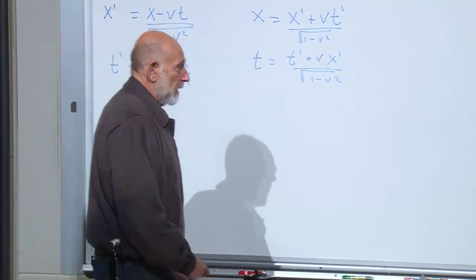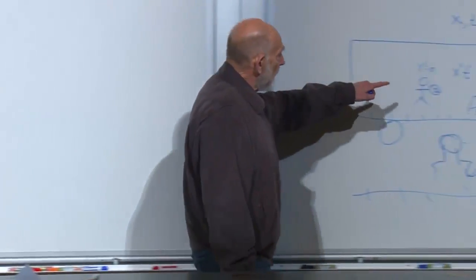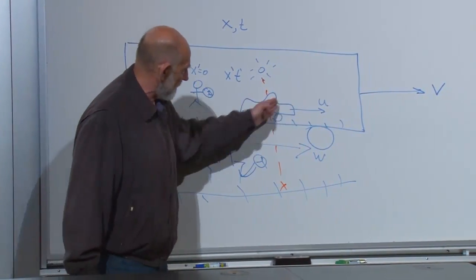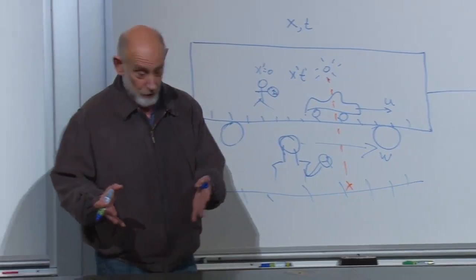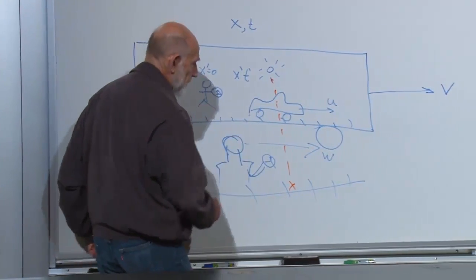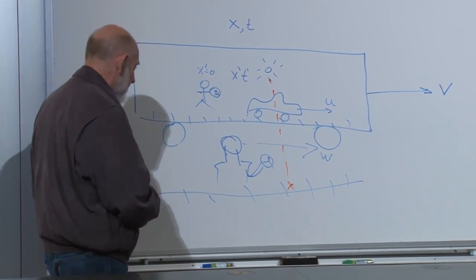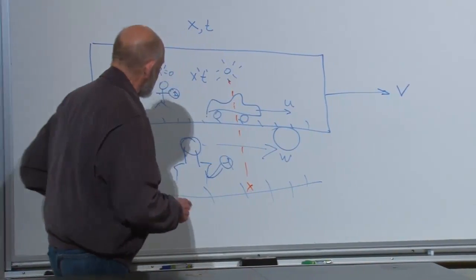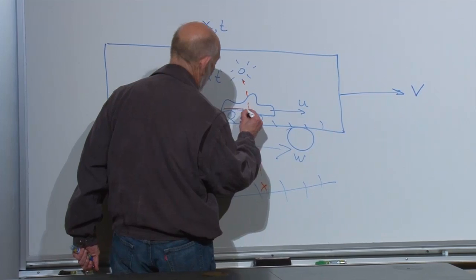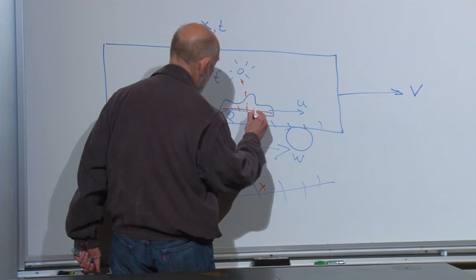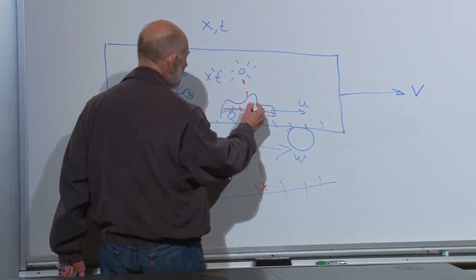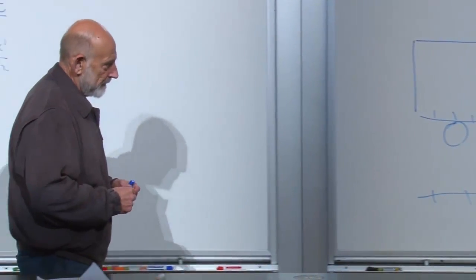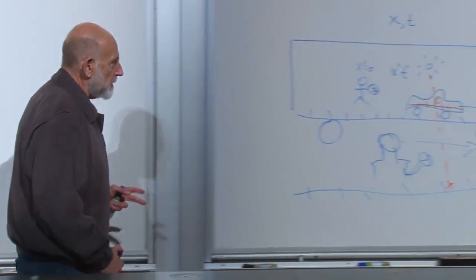The bit of logic is that the relationship, first of all, we should give there are also coordinates in the car, moving with the car. This could be a set of meter sticks laid out on the floor of the car, and also a timepiece that the driver of the car has. Okay? So there's three sets of coordinates.